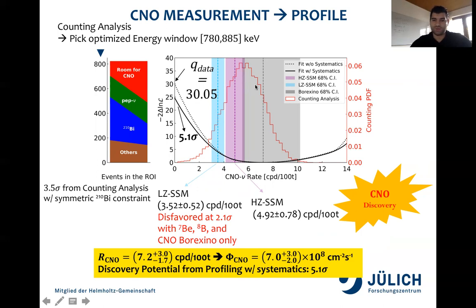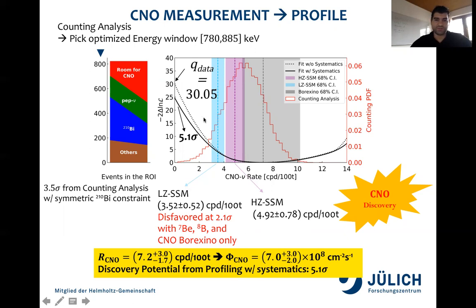We also did a counting analysis, where we have plotted here the Poissonian distribution. This counting analysis has been done in an optimized energy window of 0.8 to 0.9 MeV almost, and we can count the events of all the species in the region of interest, and we found evidence in this narrow energy region of 3.5 sigma from this counting analysis.